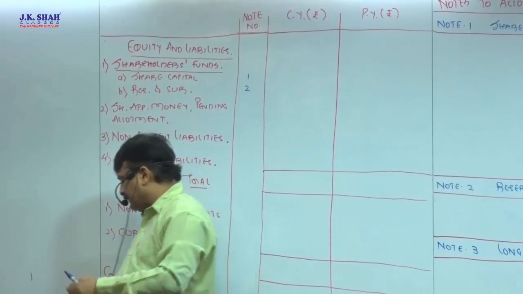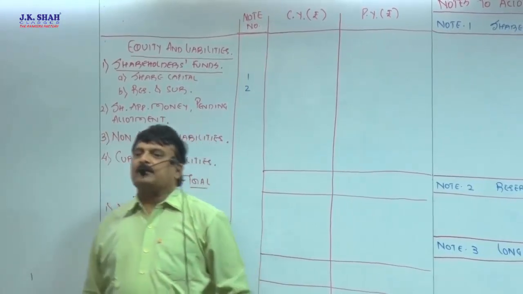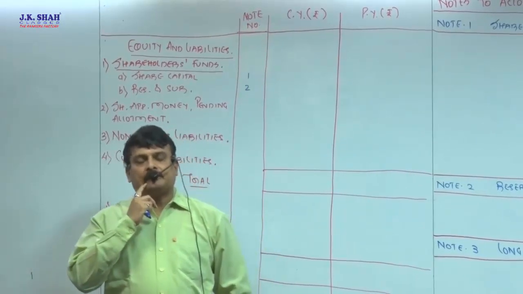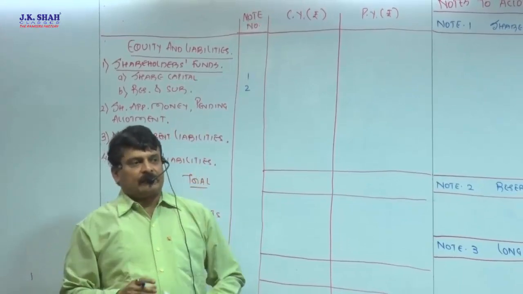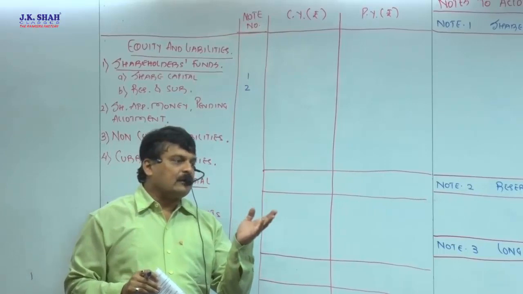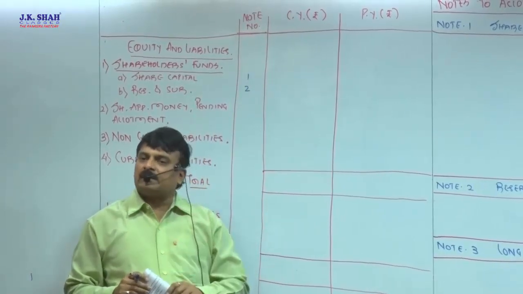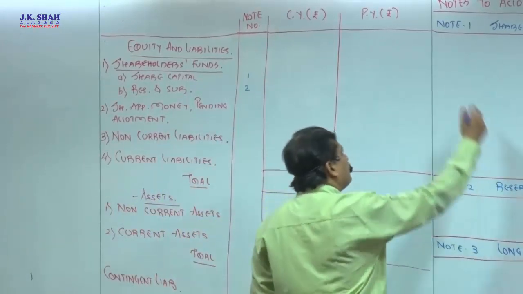Trial balance first figure. Equity share capital. Students, you are going to learn many disclosure requirements here. Disclosure means showing additional information which may not affect amount also. Start. Share capital.